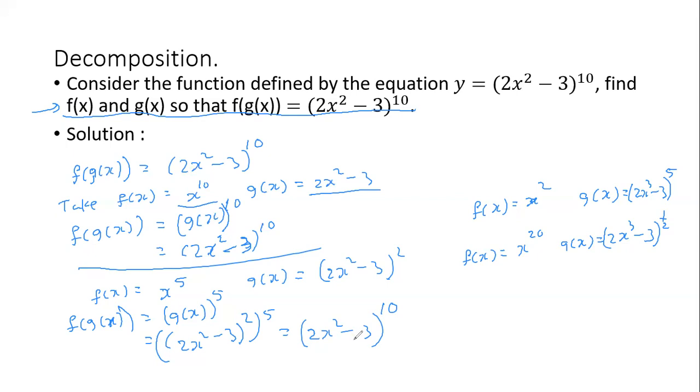Right? So you just have to find one of them in case you get such a question. Just find one solution for f and g. Okay, let's move on to the next topic.